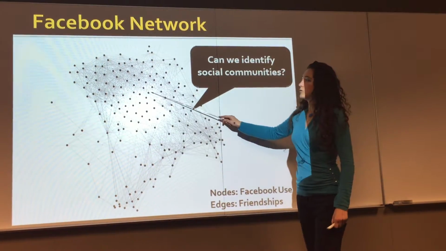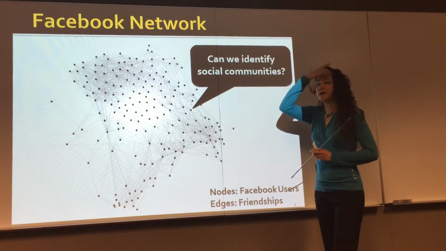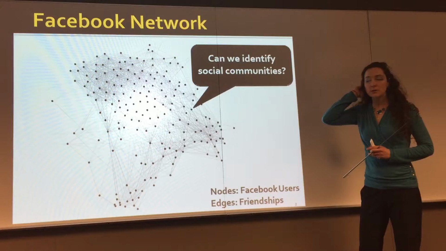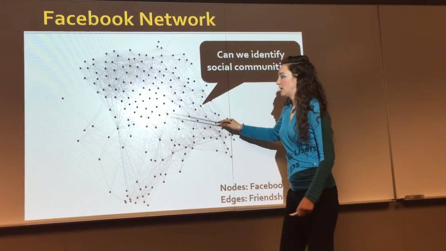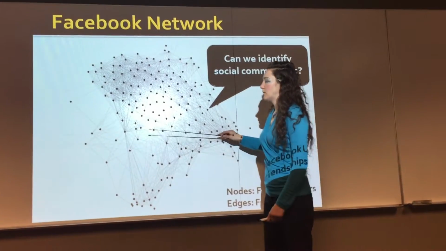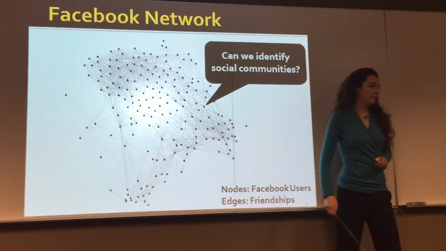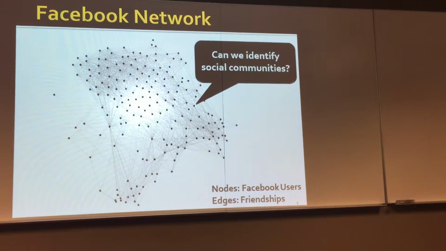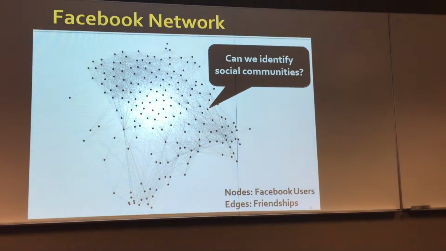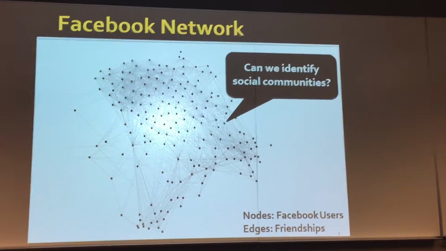Each of these dots are the friends in the Facebook data that are friends with this person, and the edges that link them are showing that there's a friendship connection between them. So the idea here is, can we find clusters in this kind of data?